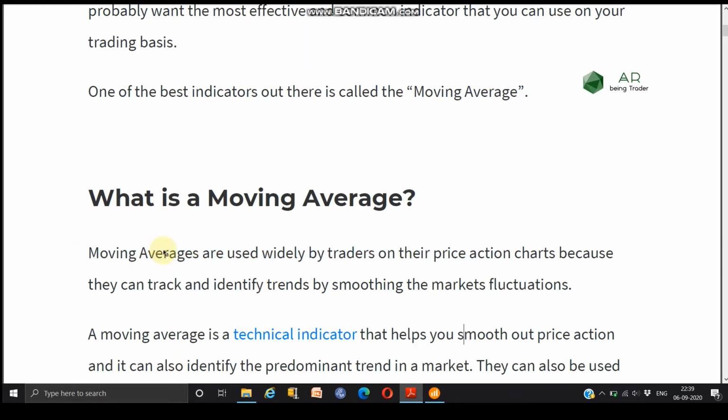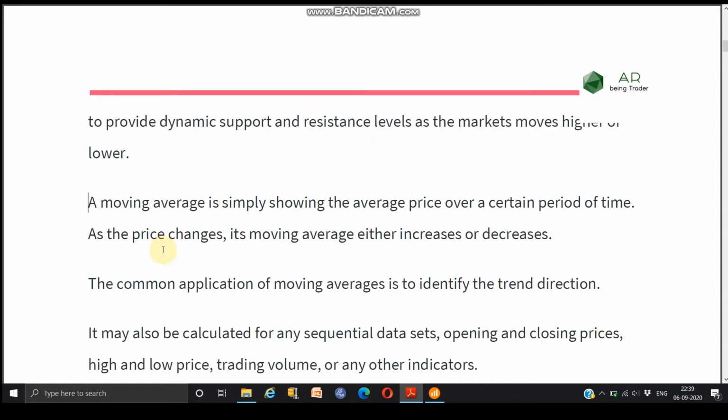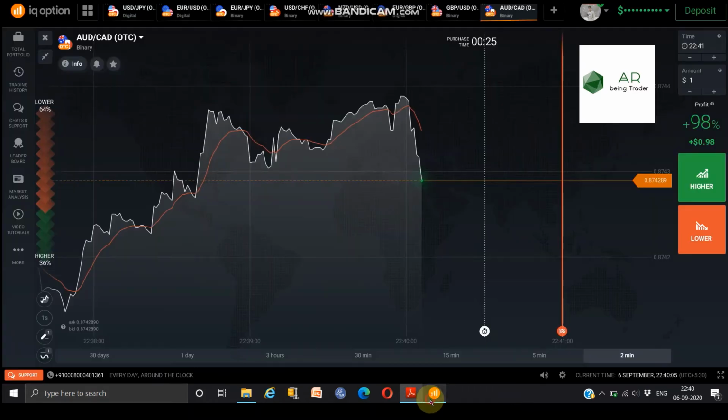Now let's see how these moving averages will help us. They will show us dynamic support and resistance. What is dynamic support and resistance? What are static support and resistance?